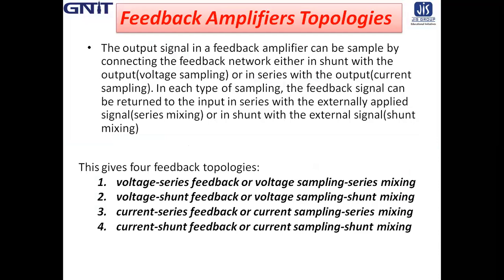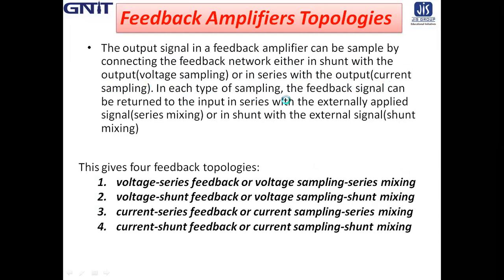There are mainly 4 feedback topologies. The output signal in a feedback amplifier can be sampled by connecting the feedback network either in shunt with the output, that is voltage sampling, or in series with the output, that is called current sampling.